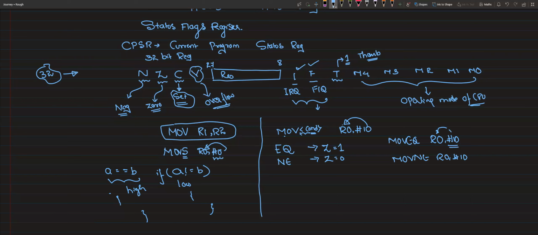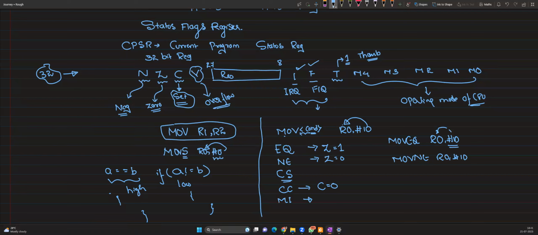Similarly, we have conditions like CS. That means if the carry flag is set, then only perform that operation. CC, if the carry flag C is 0, then only perform that operation. Then MI, that is, if the number is negative, then only perform this operation. So when I say that statement, can you tell me which flag I have to look into?